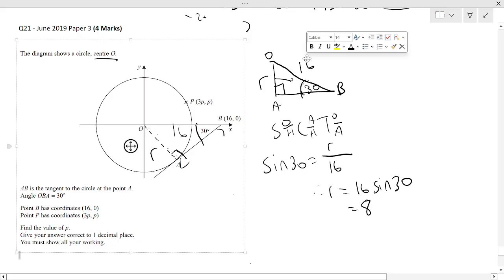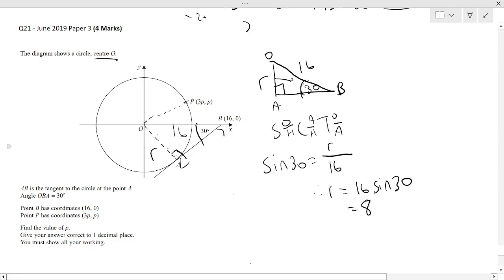Cool. So the radius is 8, but would that then not mean that this is also a radius of 8? Because O to another point on the circumference is also 8, the radius. Well, again, this would be a triangle, right? So O to P, and then to the x-axis.